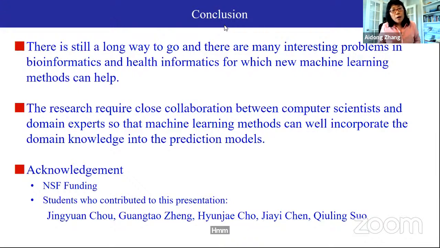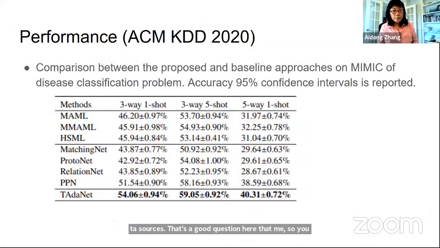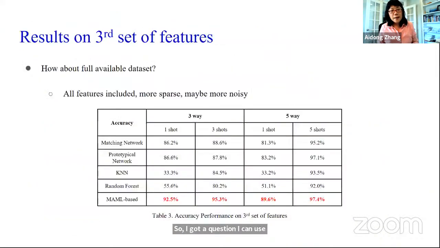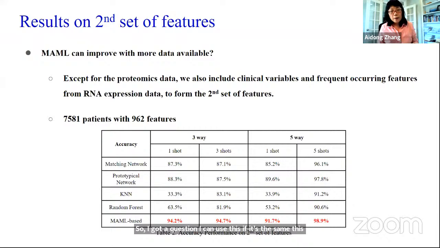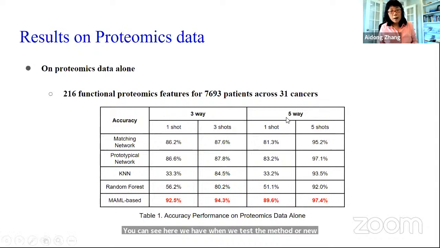Variability coming from different data sources, that's a good question. You can see, if it's the same distribution, here we tested the meta-learning memory-based approach on TCGA, and we experimented with the proteomic features.